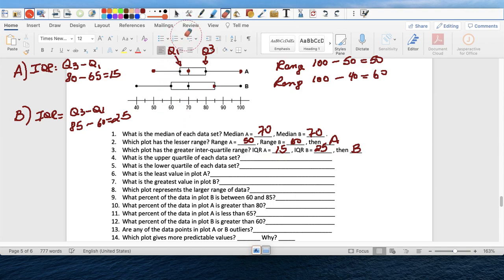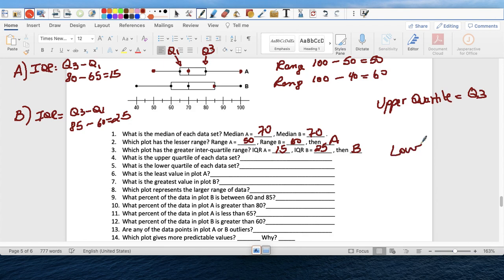What is the upper quartile for each set of data? So be very careful here. Upper quartile, this word here, es la misma cosa, it's the same thing as Q3.